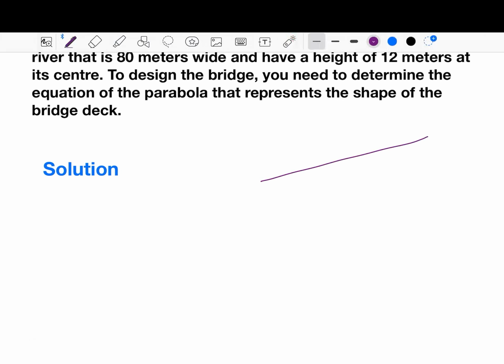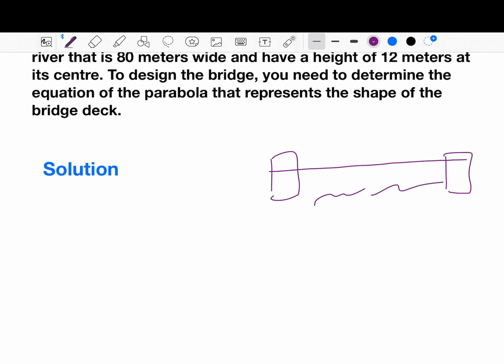Okay, so let's visualize this. Let's say you have a bridge. This is the beginning and the end of the bridge, and there's a river flowing here, and you are asked to design a bridge. And remember, you can just put a straight line here and you're fine.